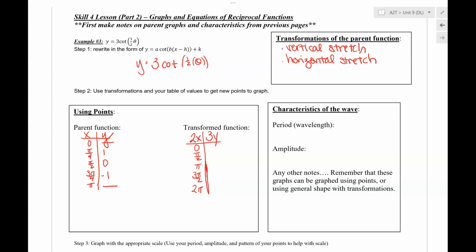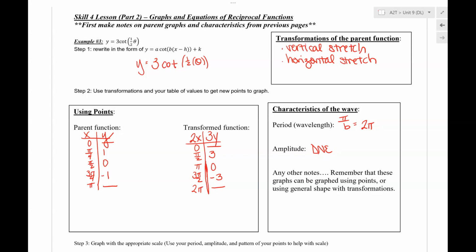If we take our y coordinates, an asymptote will always be an asymptote. 1 becomes 3, 0 stays 0, negative 1 becomes negative 3, and then an asymptote. The period of cotangent is pi, and if I divide that by b, we end up with 2 pi. There is not an amplitude.